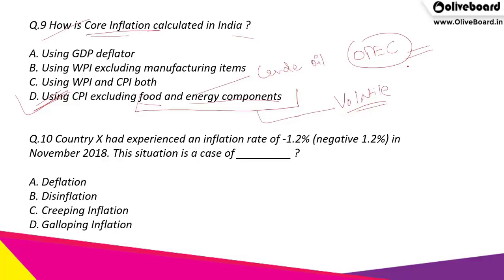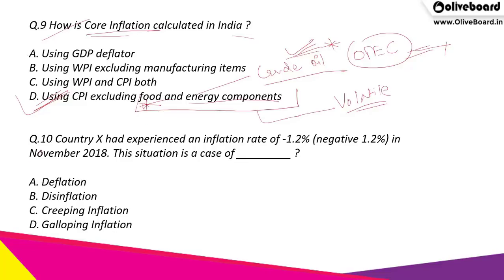India doesn't produce crude in large quantity, so it has to be dependent on these countries like Saudi Arabia, Iran, and Qatar. UAE has low output. So crude prices are very volatile. In recent times they have been very volatile. Now food prices, obviously if there are floods, if there are droughts, you will face food shortage, so they are very volatile.